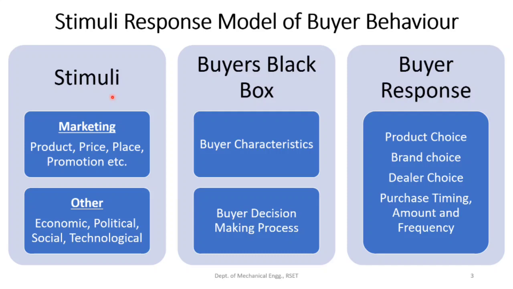So the stimuli that can be provided can be either marketing stimuli or other stimuli. Marketing stimuli include the 4 P's of marketing mix, which are product, price, place, promotion, etc. So these variables can be changed, and a change in these marketing variables, which are controllable by the organization, will lead to a particular kind of response from the consumer.